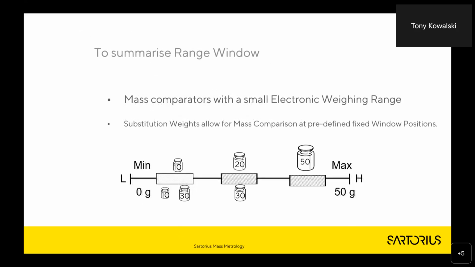So just to summarize, if you want to compare 10 grams, we have internally 30 grams. Comparing 20 grams, we have internally loaded a substitution weight of 30 grams. And for 50 grams, we just simply have the 50 grams on the weighing pan.